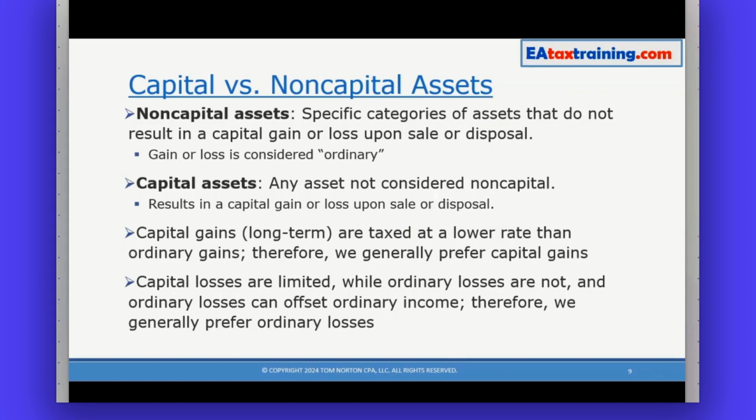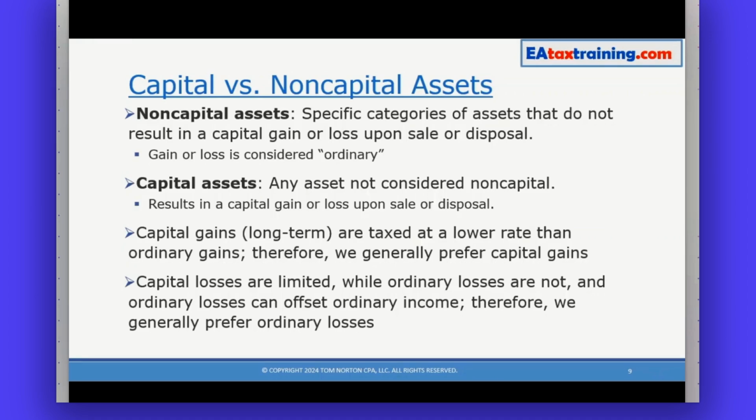So a non-capital asset is any asset that is on that list as being not a capital asset. Everything else is a capital asset. So any asset that's not considered non-capital is a capital asset, and it results in a capital gain or loss upon sale or disposal. Why is this important?